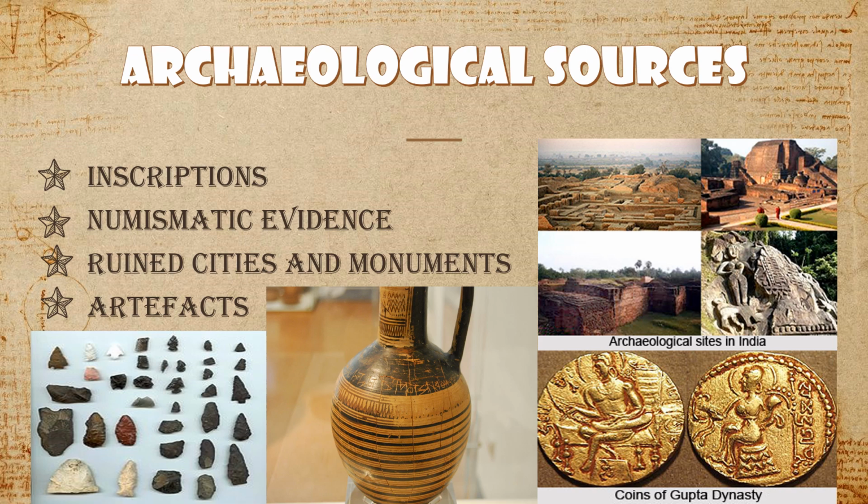They were also very helpful in telling us what things were excavated during those periods, what their writings were, what their language was, and these things also tell us about the culture of the people during those periods. So this is all about archaeological sources. Now let us talk about literary sources also.